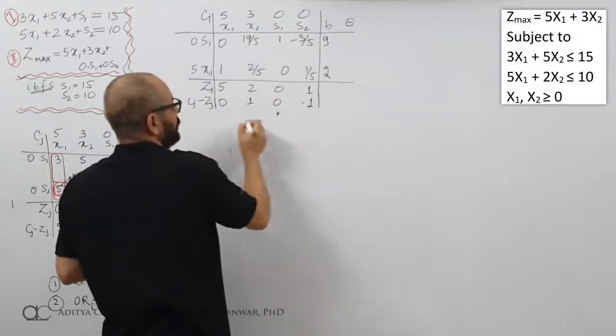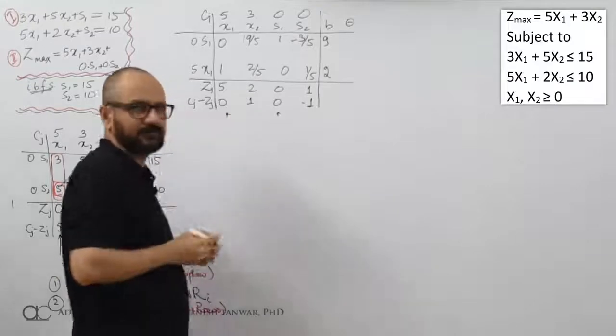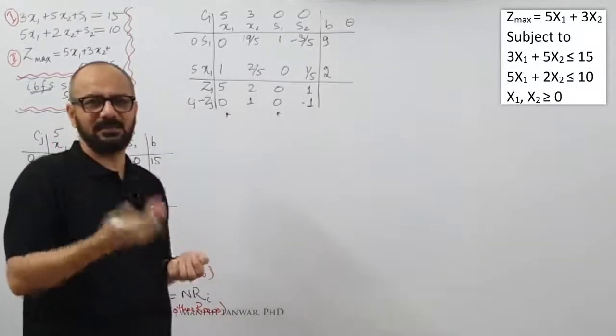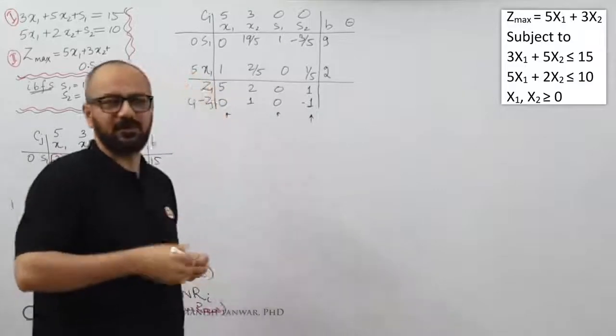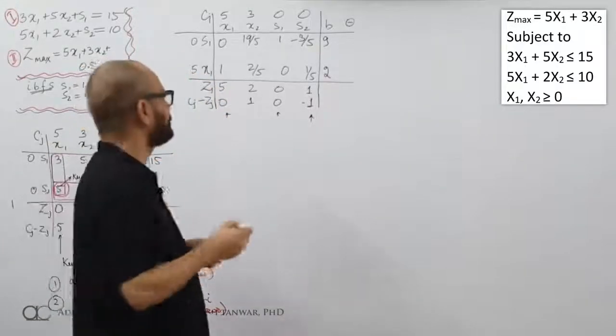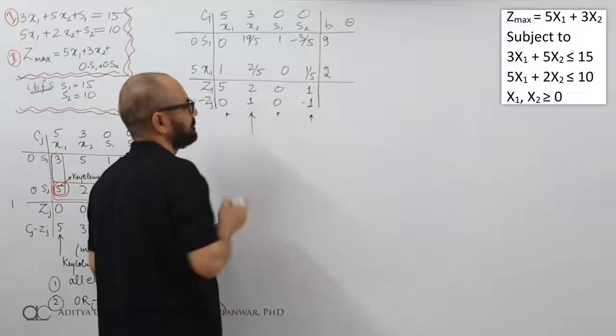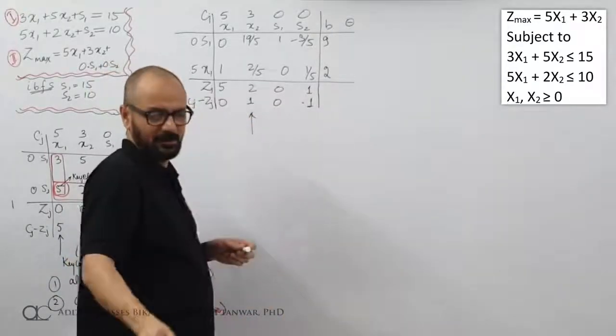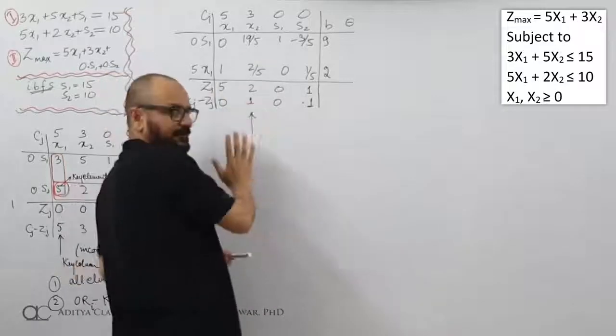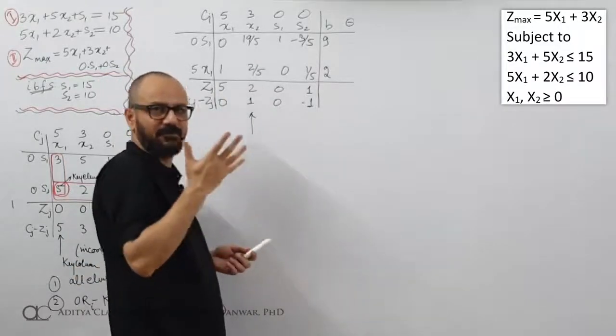So, no potential, no potential. 0 means neither increasing nor decreasing. A negative potential means that the profit will actually come down. So, this is my selection, because this is the most positive, maximum profit potential.